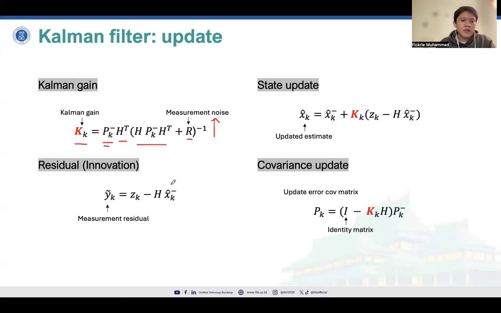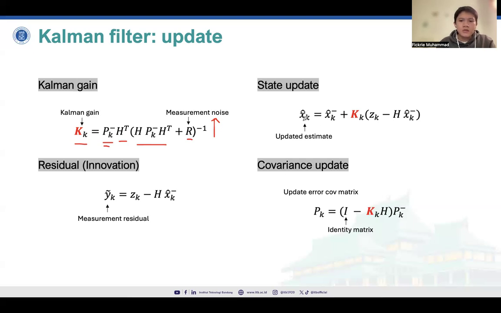And it reflects the total uncertainty in the difference between the predicted measurements and the actual measurements. All right.